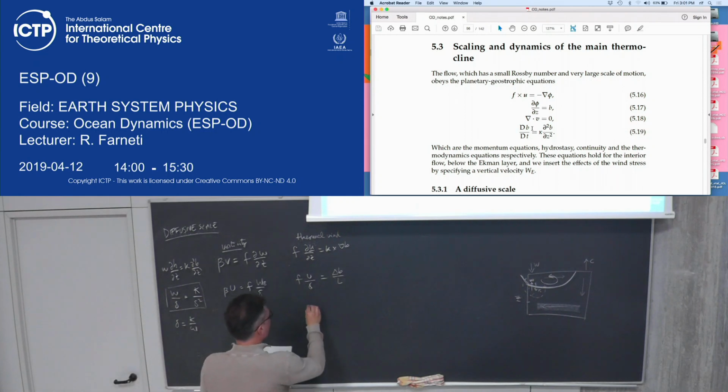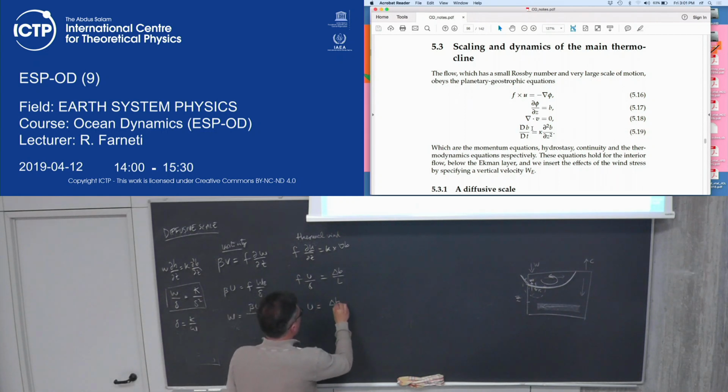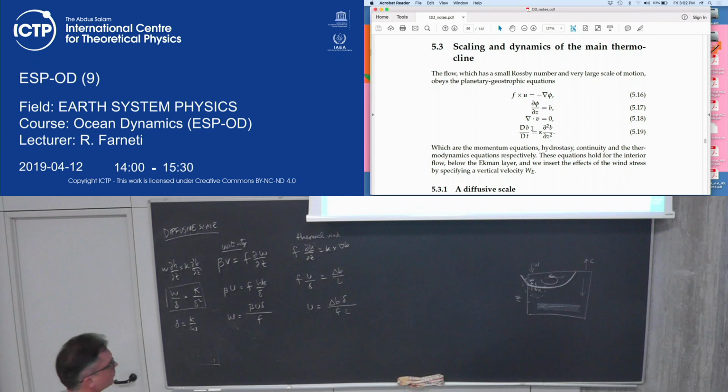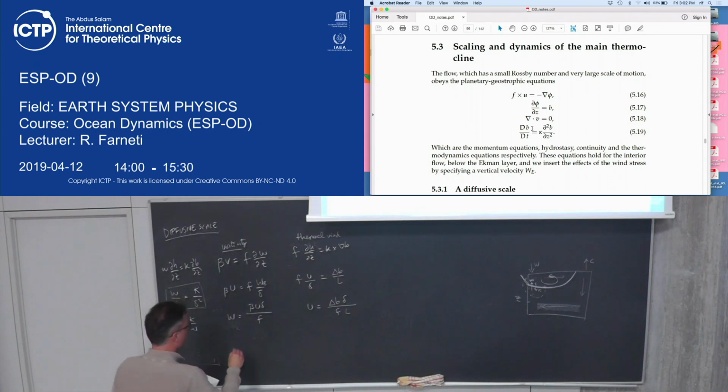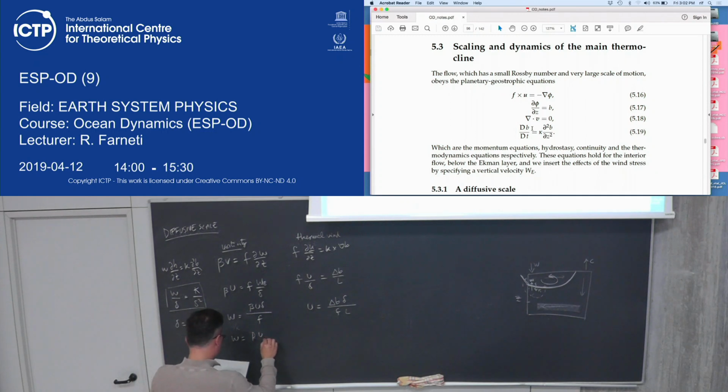And U is delta B delta over F L. So if you put this U here, you get a vertical velocity which is beta delta squared delta B over F squared L. So this is my scaling for the vertical velocity.